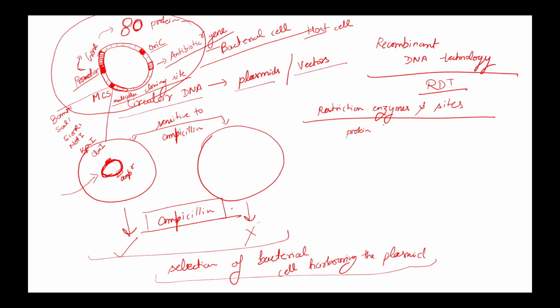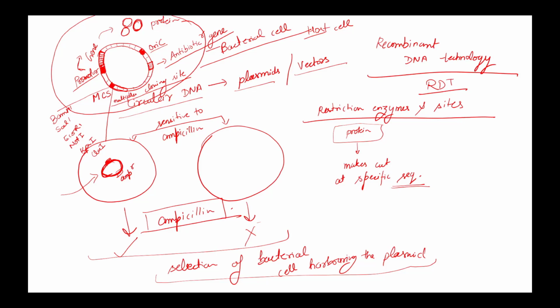These restriction enzymes make cuts at specific sequences. For each restriction enzyme, the sequence is unique. Each restriction enzyme has a unique identification sequence. That's how these restriction enzymes identify the target sequence.